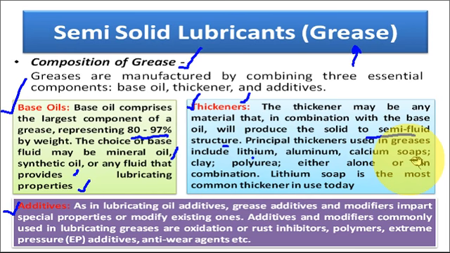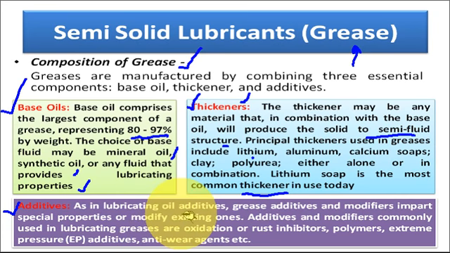And which types of soap are used in grease? Basically, lithium, aluminium or calcium soaps are used as thickening agents in grease. Lithium soap is the most common thickener for the formation of grease. Now the third component is the additive.